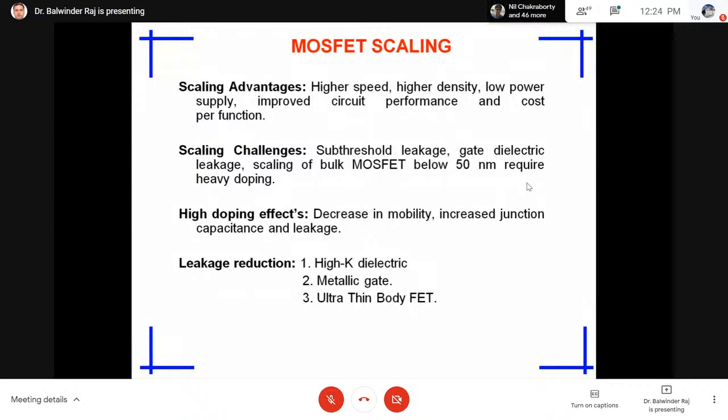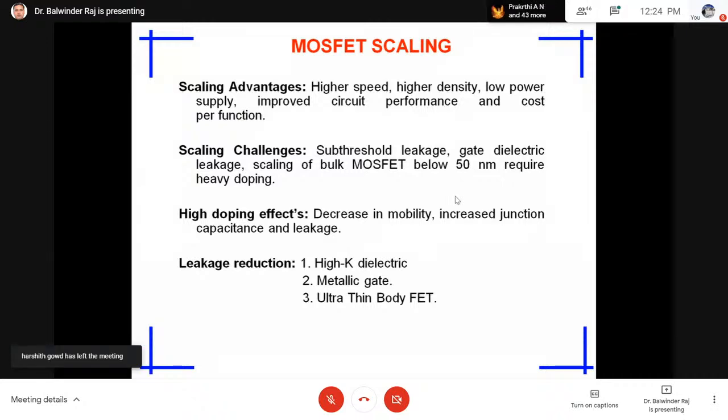Traditionally, we have used silicon dioxide as the dielectric material in these devices. Although it is highly preferred in fabrication because of its easy fabrication and low cost, due to the low dielectric constant of silicon dioxide, the leakage current is high.